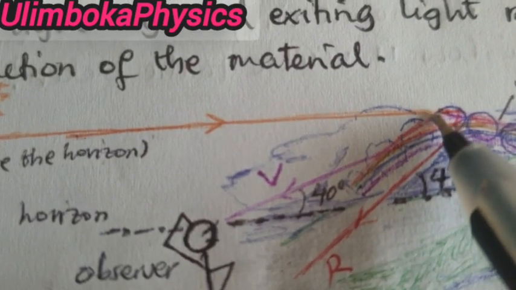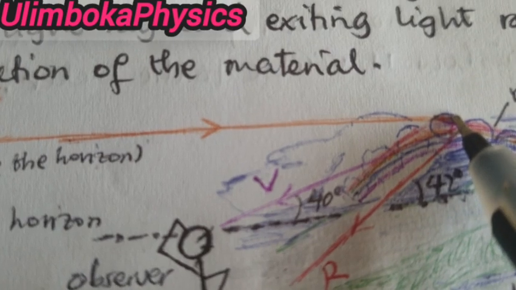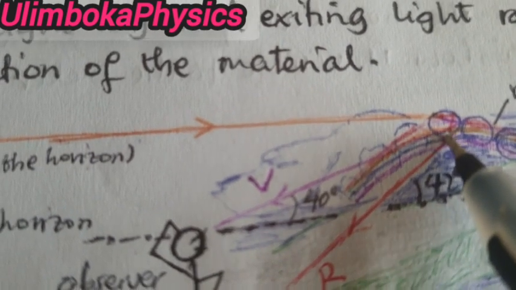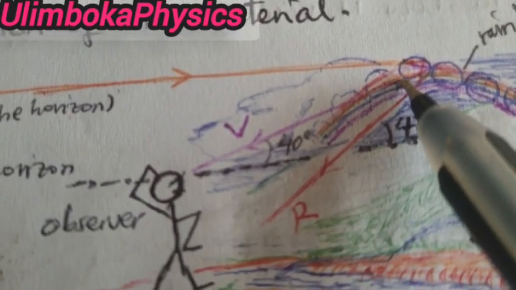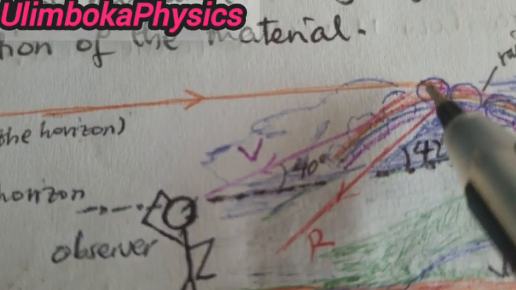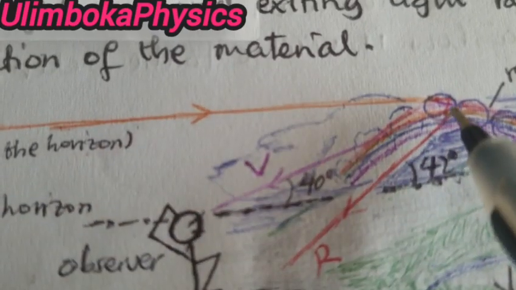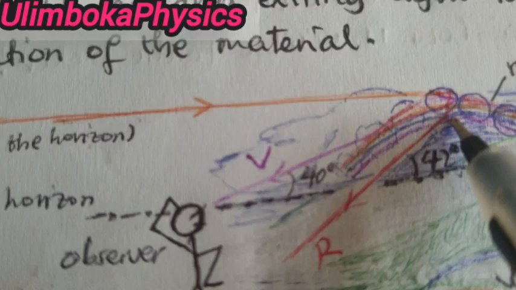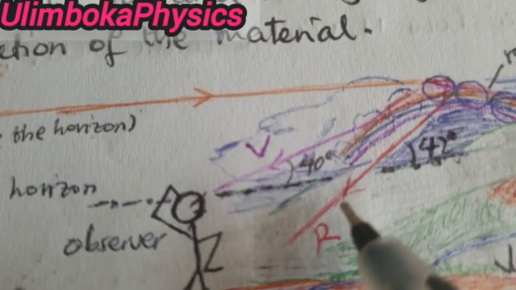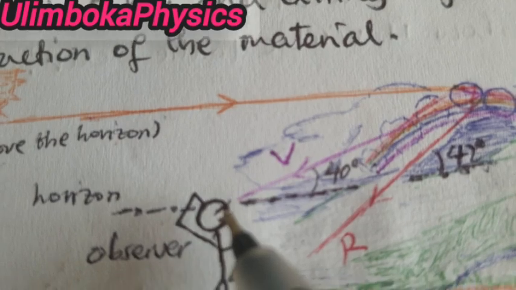Then there is a first refraction, one total internal reflection, and a second refraction, where we have emergent rays. These emergent rays are the dispersed colors of white light. The violet one is on the top, while the red one is on the bottom. The red rays are out of the range of the vision of this observer.